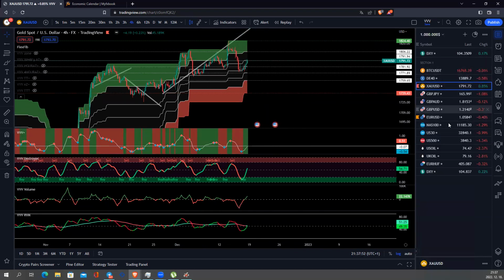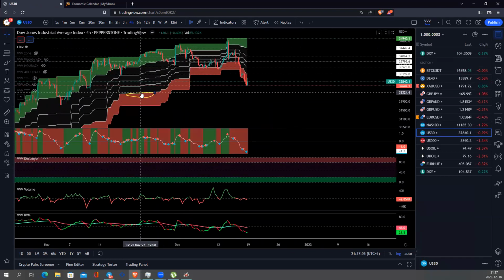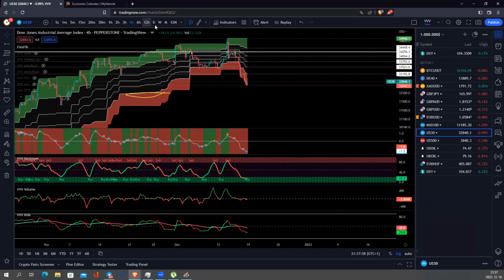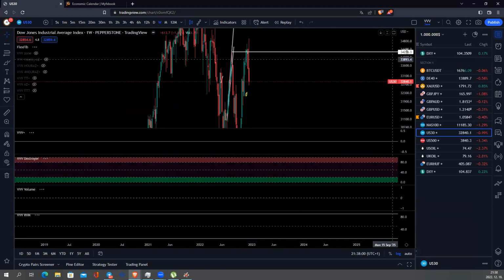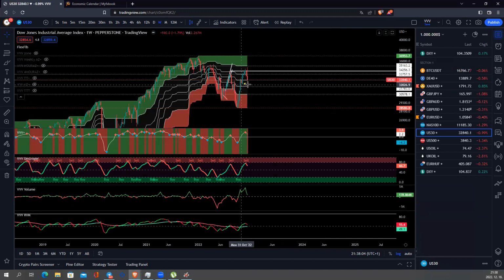As we saw on the US 30, here was my target zone on weekly basis. The previous high broke, and I drew here. This was my target zone.